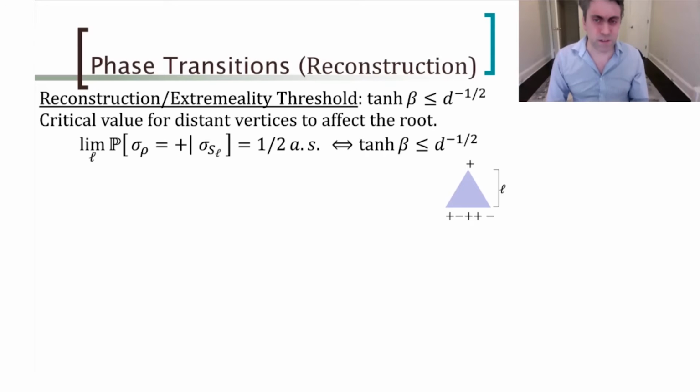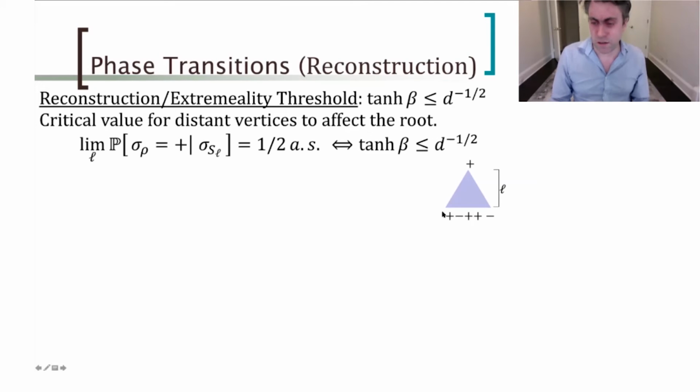There's another interesting threshold in the Ising model, which is called the reconstruction threshold. It will look superficially similar to the uniqueness one. We again ask, does a boundary condition on level L affect the conditional distribution at the root? But now, rather than set the values at level L to be all plus, we'll instead sample them according to the distribution of the Ising model.